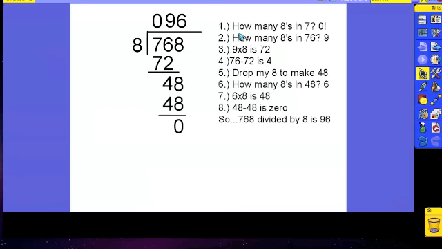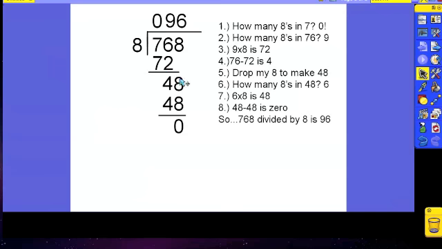So I started with asking myself, how many 8s are in 7? Well, that's 0. How many 8s are in 76? 9. 9 times 8 is 72. 76 minus 72 is 4.